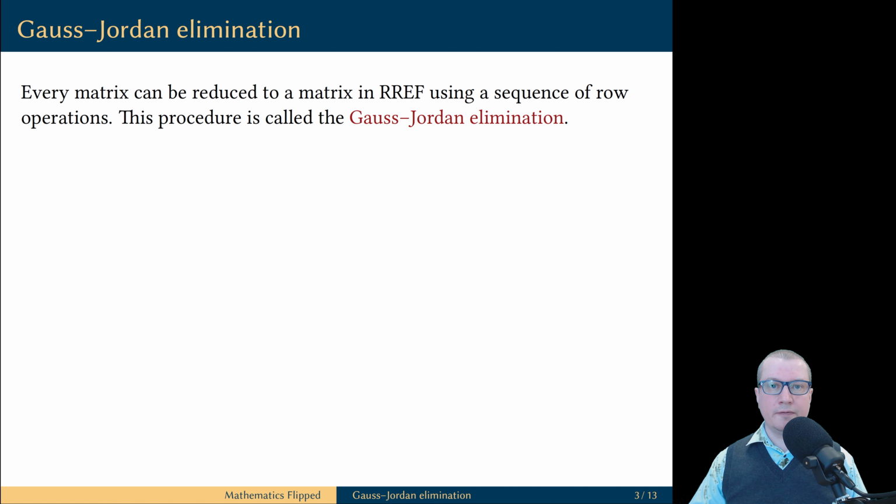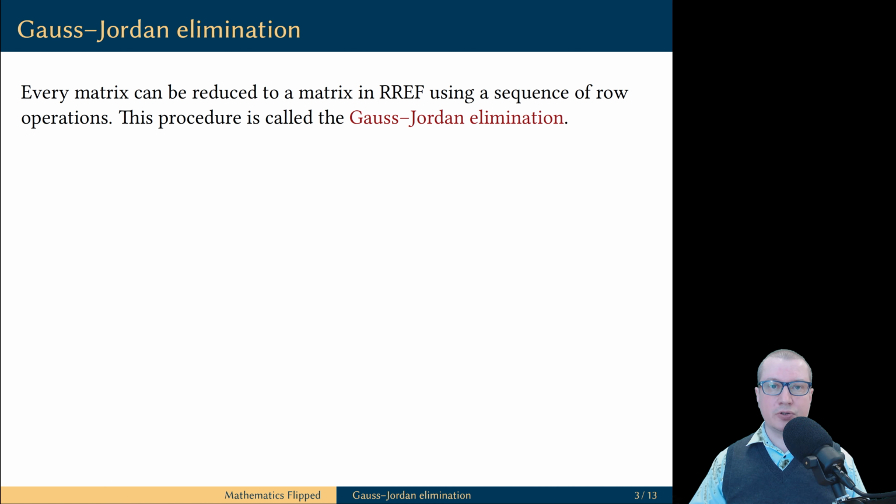Also, our finish line goal is to reduce a given augmented matrix to the reduced row echelon form, because the reduced row echelon form represents a linear system that is easy to solve. All that remains for us to figure out is how to transform any given matrix into the reduced row echelon form matrix. There is a simple algorithm that allows us to do this.